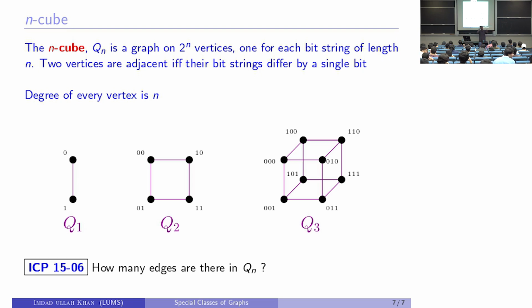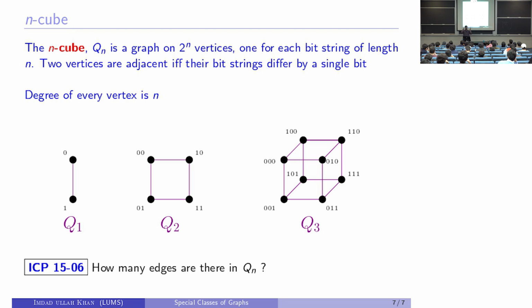Other strings that differ from this bit string by exactly one bit are exactly n. There's the string in which everything is the same except for the first bit, the string in which everything is the same except for the second bit, right? So for each bit it could differ and give me another string, and that will give me a neighbor or an adjacent vertex. Okay, so the degree of every vertex in Qn is n.